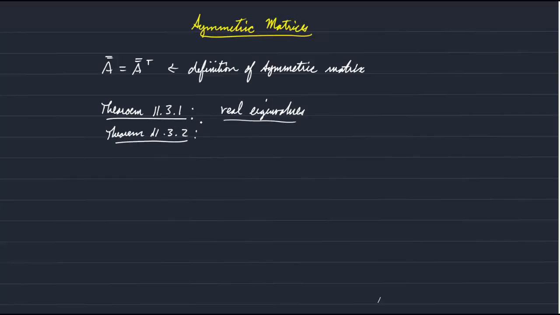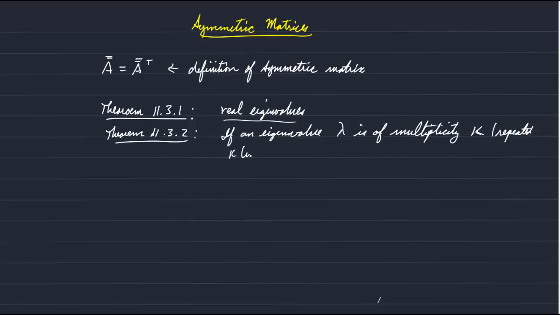The second theorem states that if an eigenvalue, say lambda, is of multiplicity k, that is, it's repeated k times, the corresponding eigenspace spans k dimensions.